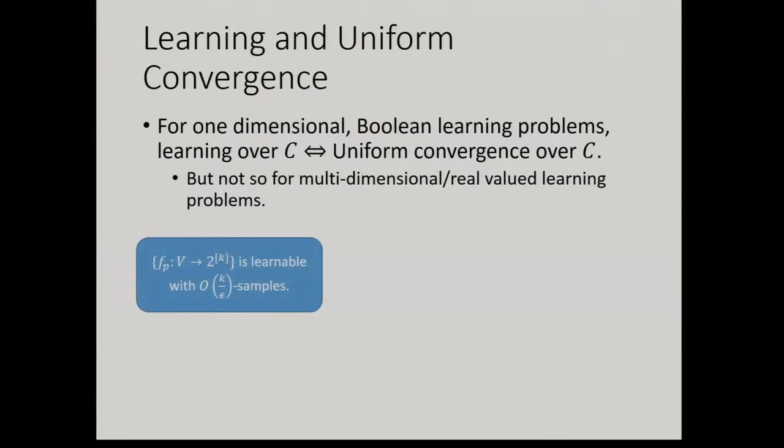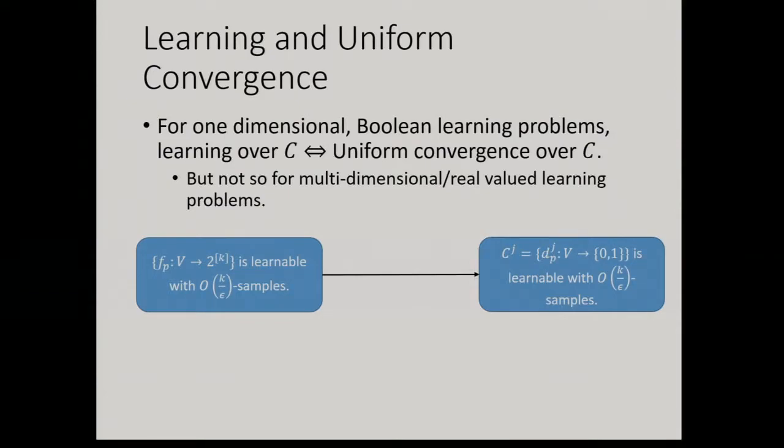Okay? So the argument we make goes through the following diagram. We show that these functions f, which map valuation functions to bundle predictions, these are not Boolean learning functions, these are learnable with k over epsilon samples. This is in fact not enough to obtain uniform convergence over this class of functions.